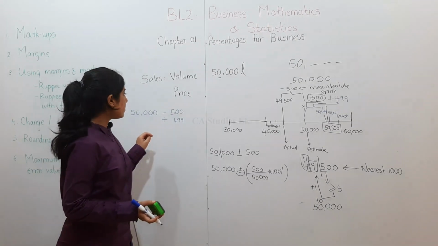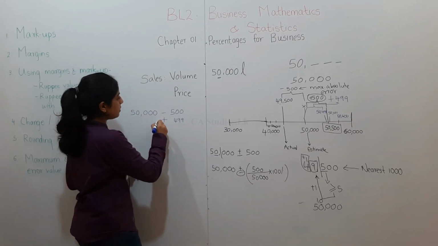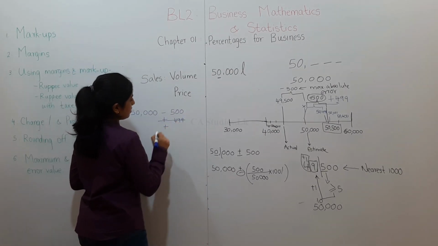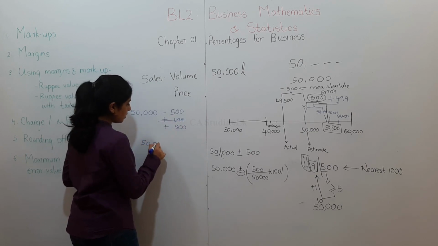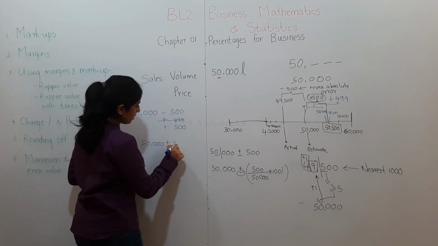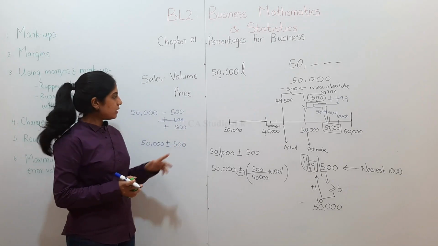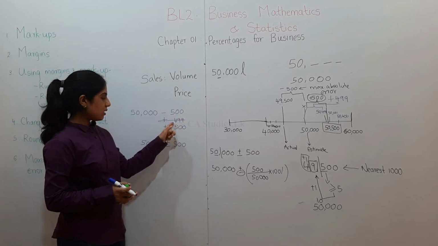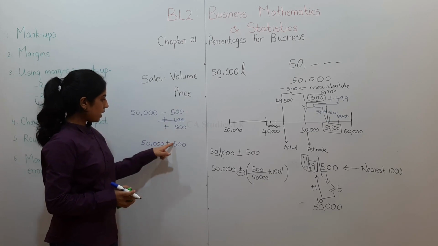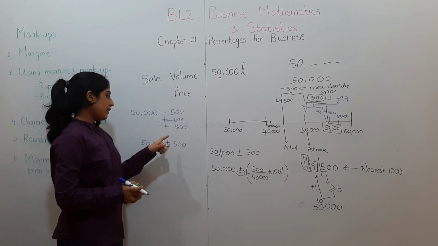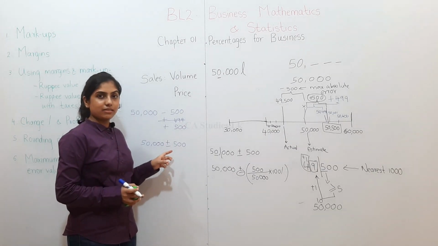So give minus 500 and instead of this say plus 500. So how do you write it? 50,000 plus or minus 500. That's how you write. Theoretically this is what is happening, but practically in the exam and anywhere you have to express an error in the same value, even though it is plus or minus.